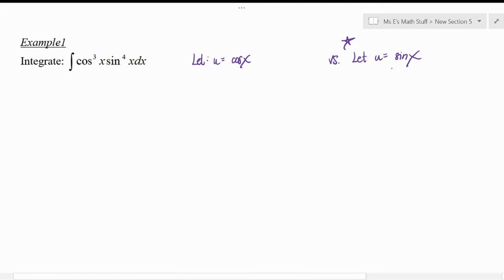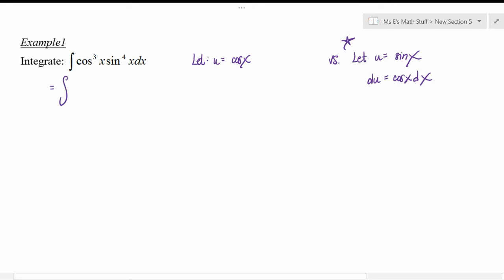So let me show you why this works out so well, and then we'll also talk about why the first one wouldn't. If u is equal to sine of x, then your du would equal cosine of x dx. Before you do your u substitution, you're going to rewrite your integral.